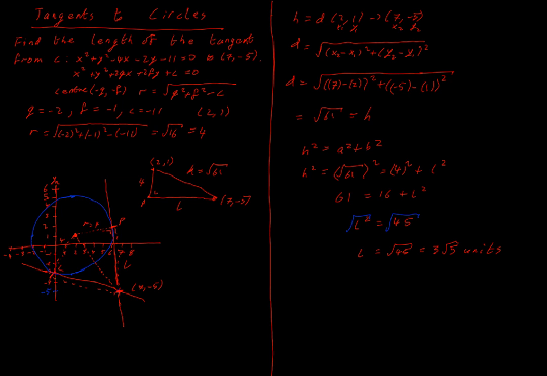This tangent length is also L. There are other ways of solving this problem, as I say, finding the value of P by looking for intersections and so on, but this is usually the fastest way, and if we draw a sketch, it's a method that is fairly easy to follow and figure out. So that is what we need for finding the equations of tangents to circles and working with tangents to circles.